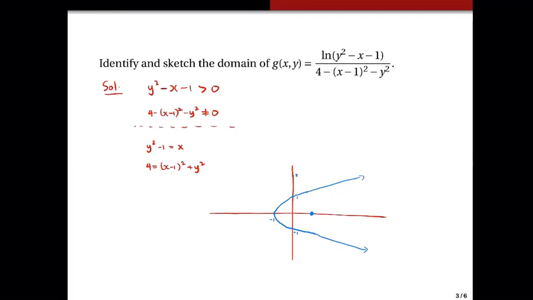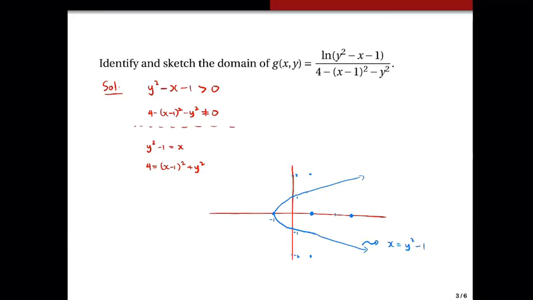Let's look at 2 in here, and negative 2 in here. These are points on the circle, and that's 1, that's 2, that's 3 in here. This is another point on the circle. So for this parabola, the equation is x equals y squared minus 1.